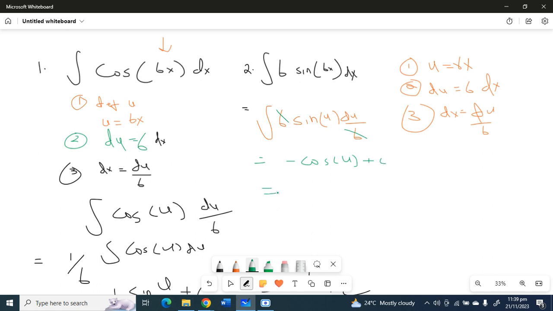So our integral is going to be negative cos, substitute u, 6x plus c. And that is our answer. So always remember, with integration, especially if you see trig functions and even the natural log functions, you're going to be using u substitution.